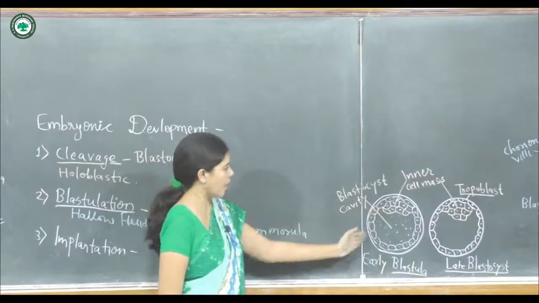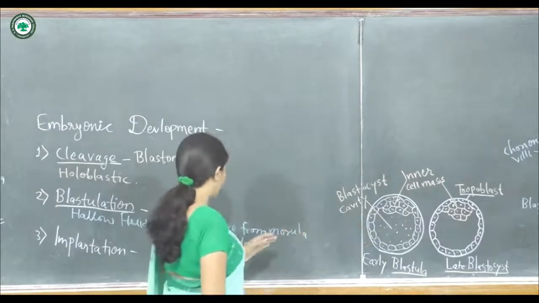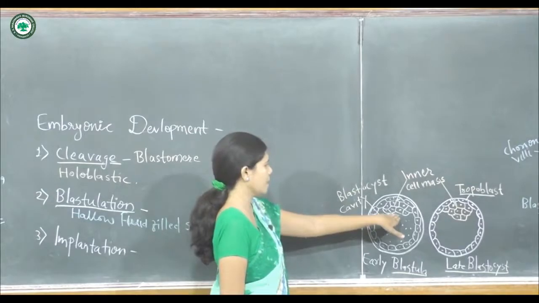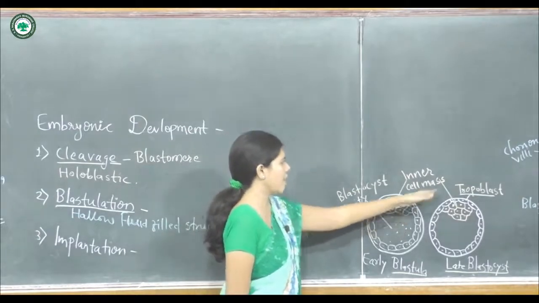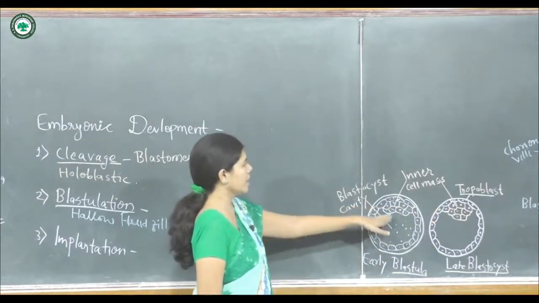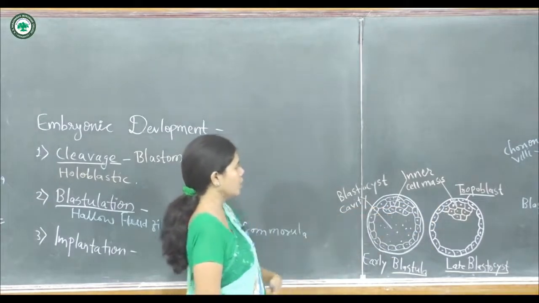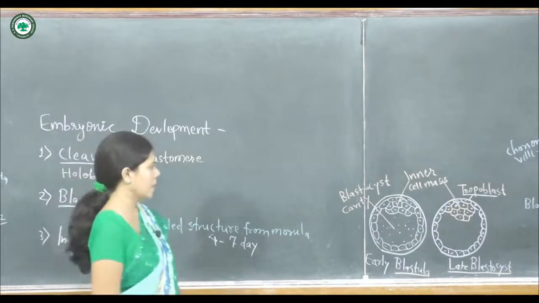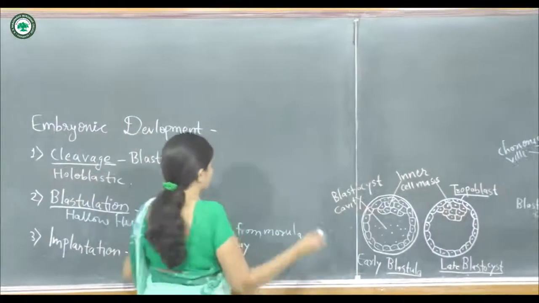In the hollow spherical cavity, there is the inner cell mass, which is larger in size, and the outermost peripheral cells, that is the trophoblast. The inner cell mass is known as the embryoblast.